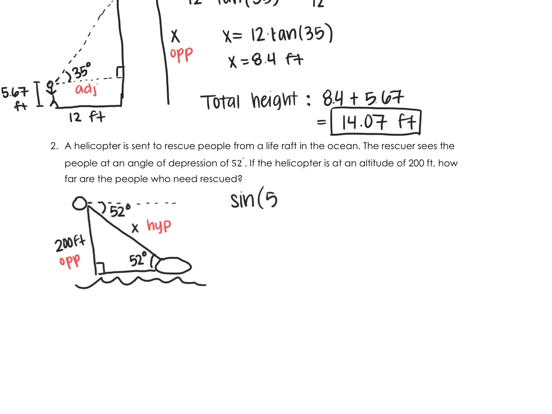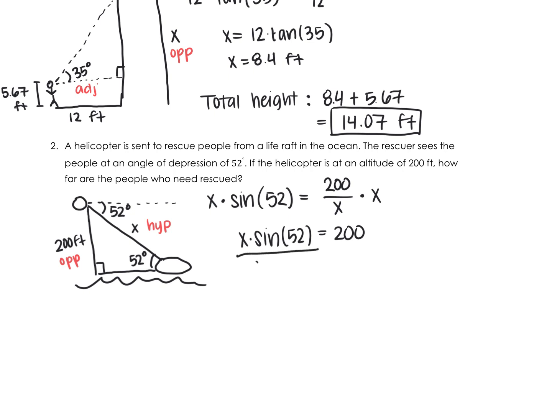So we have sine of 52 is going to equal 200 over x. Now this is a little different than the examples we solved before because my variable is in the denominator. We're going to start it the exact same way we did previous problems by multiplying both sides by x. But now we get x times the sine of 52 equals 200.